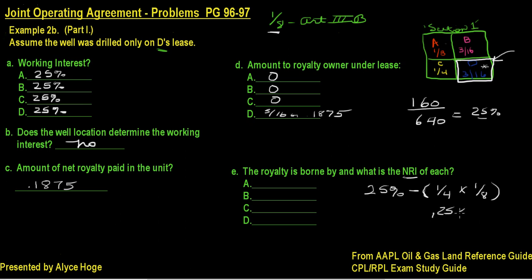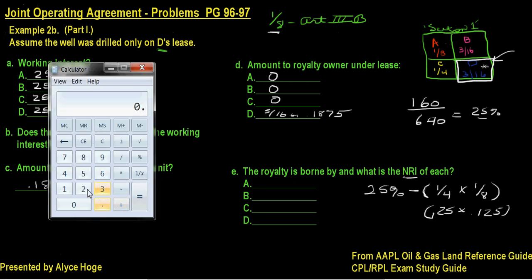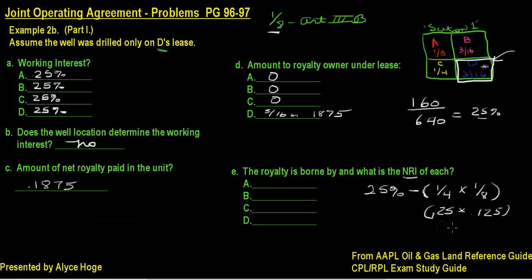0.25 times 0.125. Let's just see what that is. 0.25 times 0.125. So A is paying their 25% of this lease. That means their interest is going to be 0.03125.